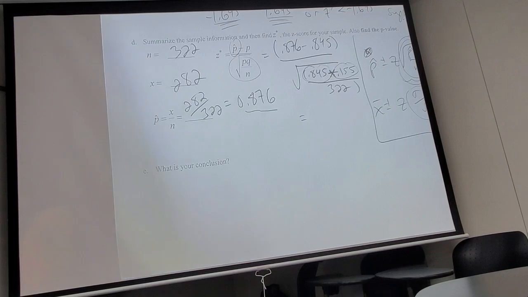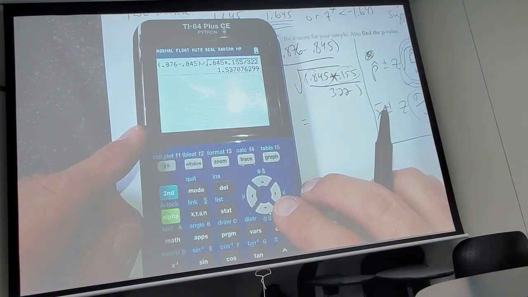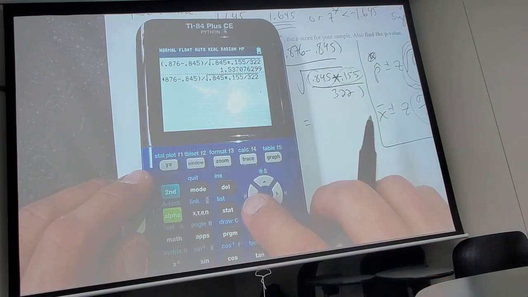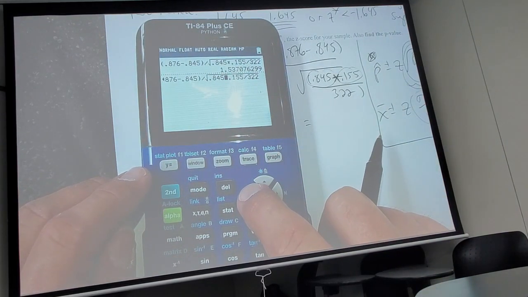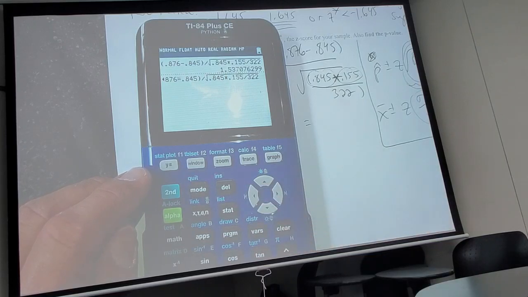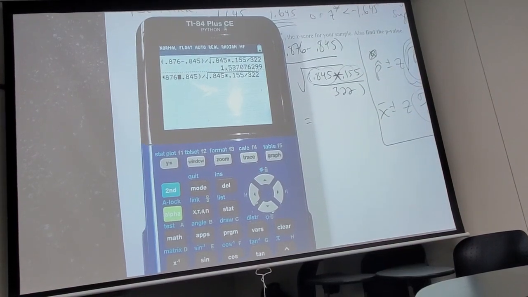So here's what it should look like. So I got 1.54. So there's what it should look like inside. Is that cool? I'm not sure what happened. Do you see what? If not, I'll come take a look. Not a problem. Anybody else get that? You guys all right?